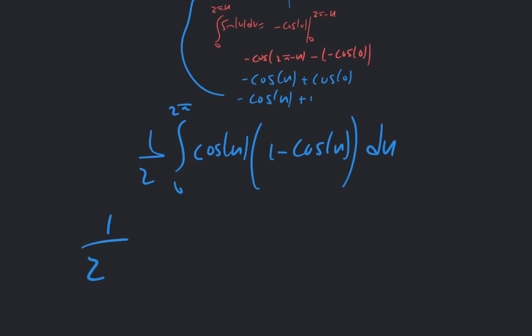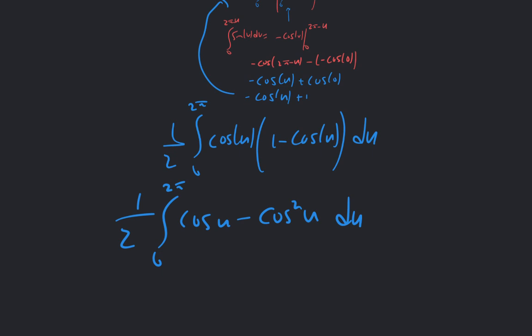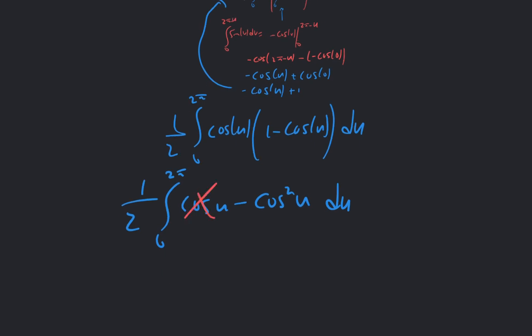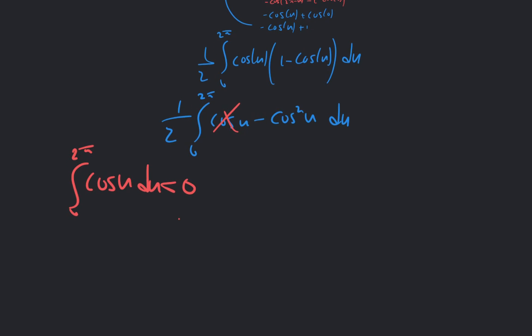And this is just 1/2 times the integral of cosine of u minus cosine squared u du. And then we can also just cancel this term because the integral of any trig function over this interval is equal to 0. So that just gives us 1/2 integral 0 to 2 pi of minus cosine squared u du.